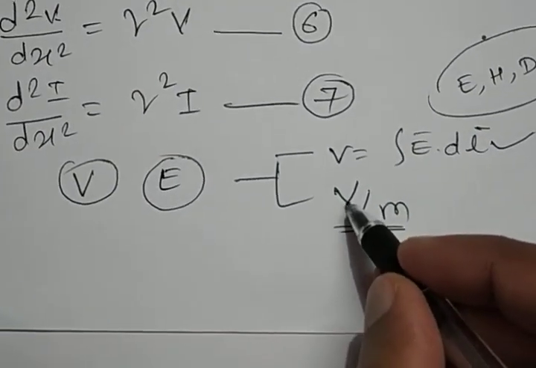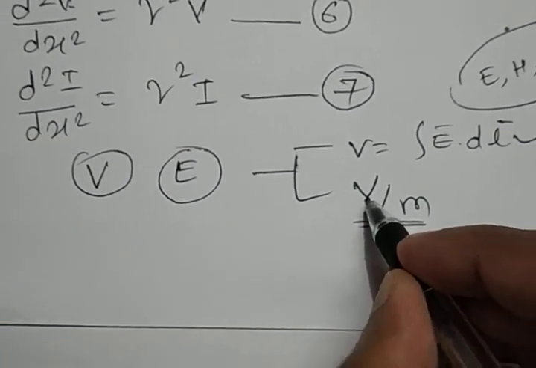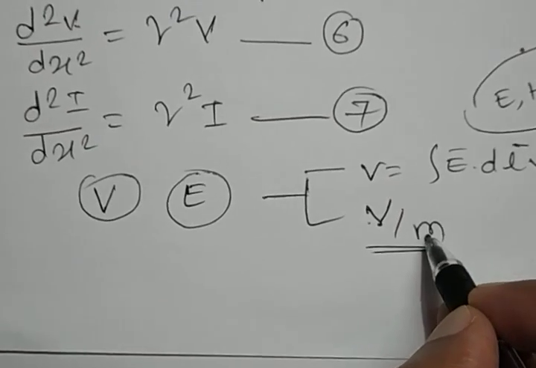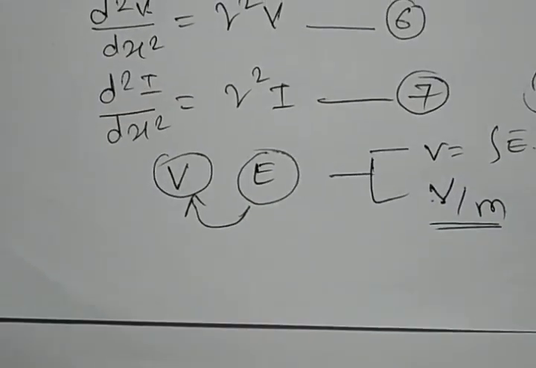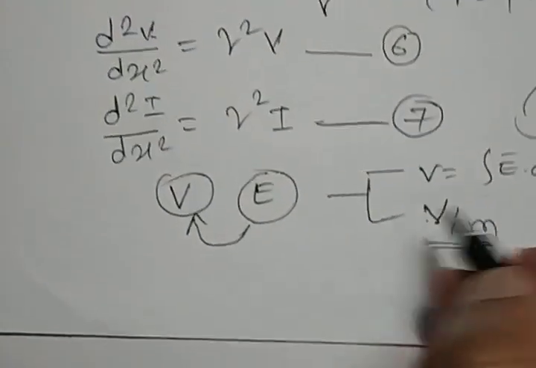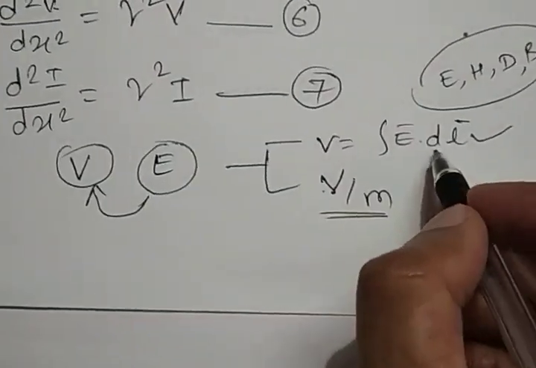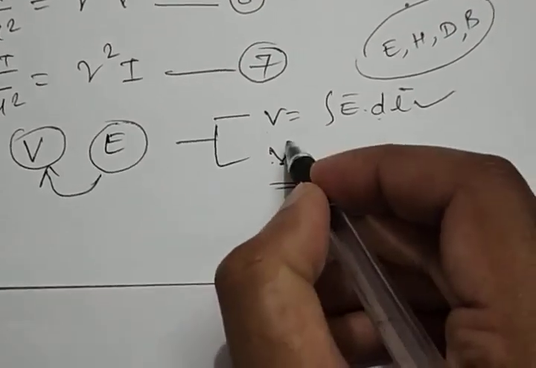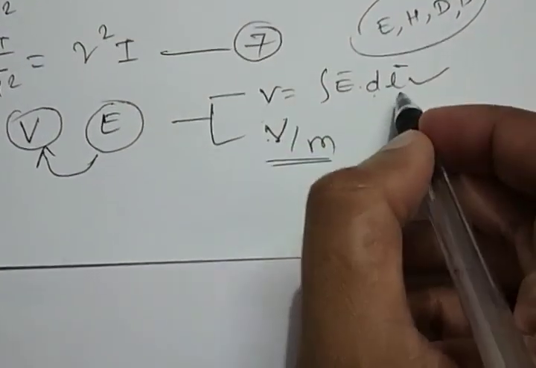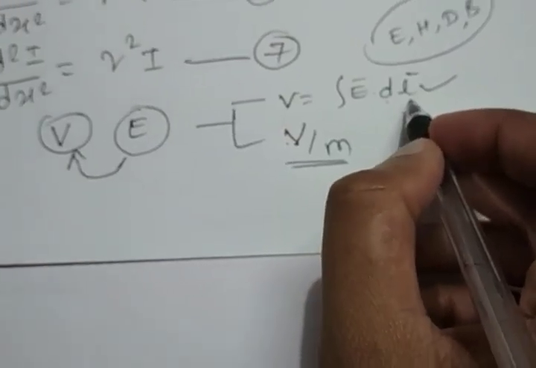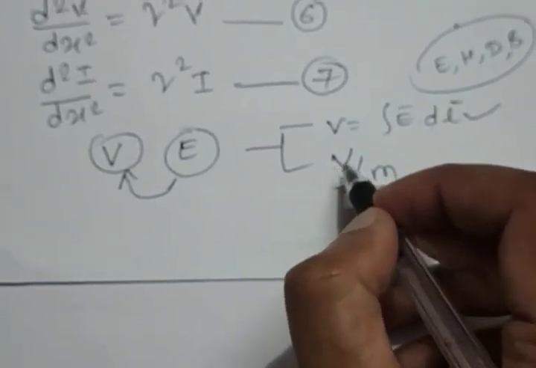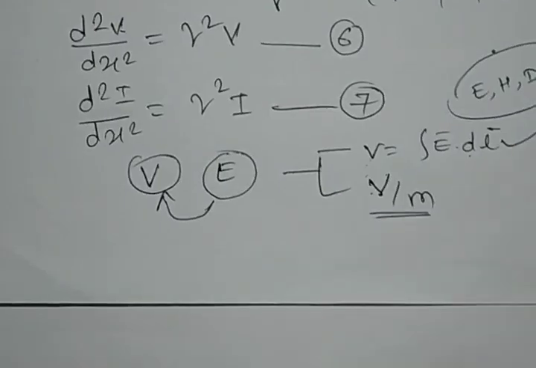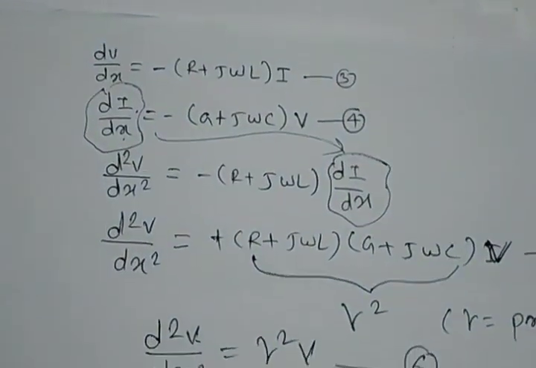The unit of electric field intensity is nothing but volts per meter. They are interrelated with each other. So we can say that voltage divided by differential length is electric field intensity. That is the definition of electric field intensity, voltage per meter. This thing we have to remember.